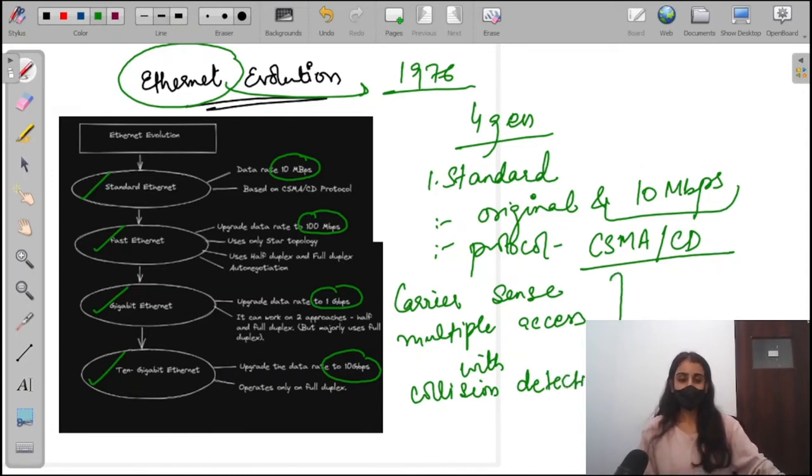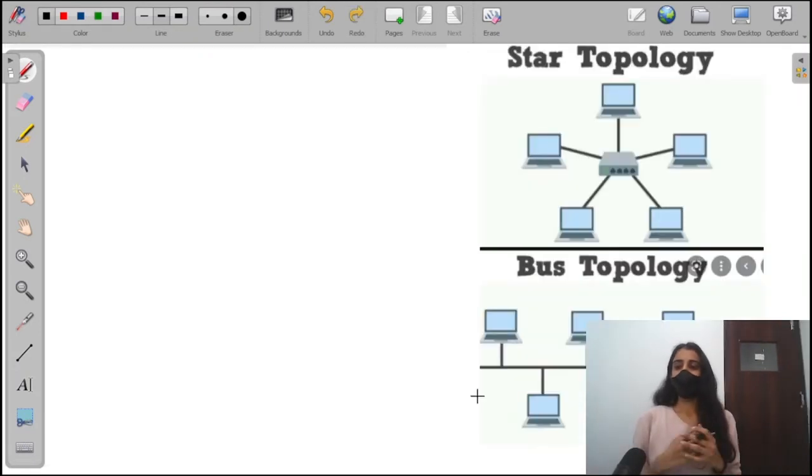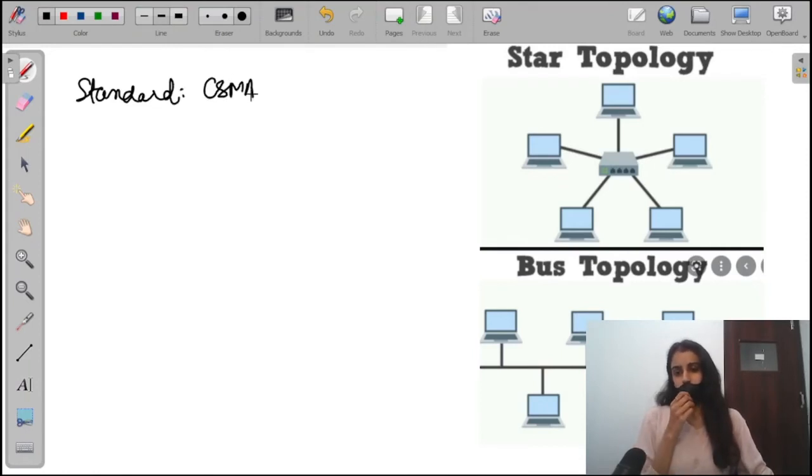It is a very important part of standard Ethernet, so we are going to study it in detail. So now we know that standard Ethernet works on the protocol of CSMA-CD.